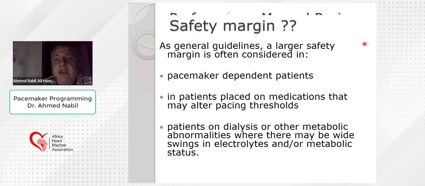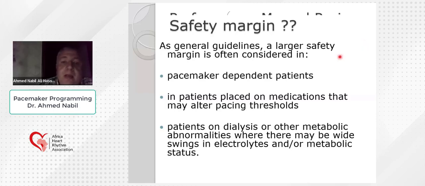The safety margin is the margin between the threshold and the pacing output that I'm adjusting for the patient. So if the patient is dependent, with some risk that he will enter into baseline and not have any intrinsic rhythm, sometimes some electrophysiologists prefer to increase the safety margin a bit to be more on the safe side.